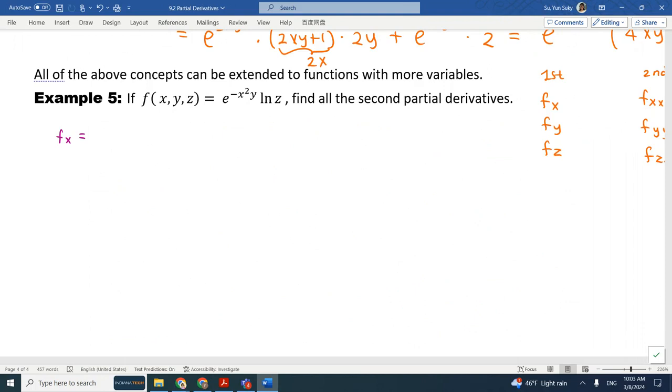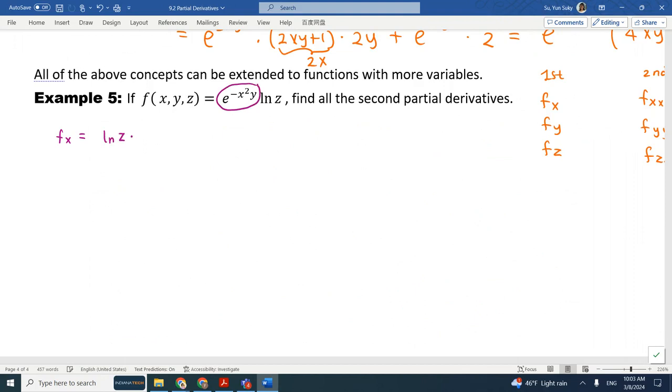Partial f, partial x. We treat x as the variable, and then we let y and z be constants. When we take the derivative, you see ln z is like a number, right? A constant multiple just stays here. So we have ln z just stays here.